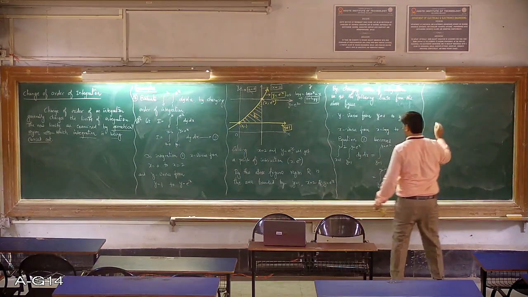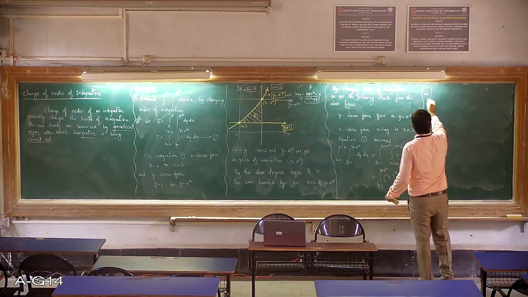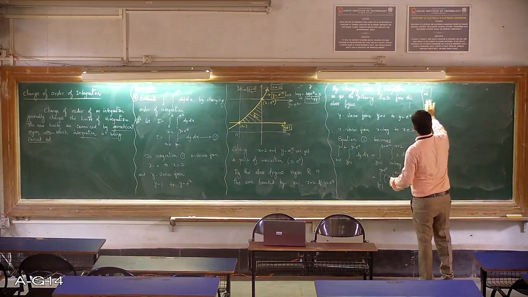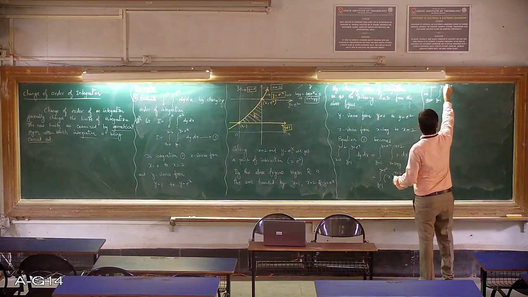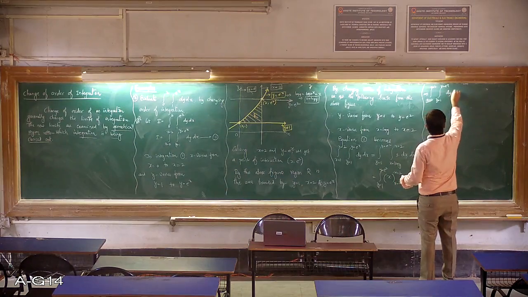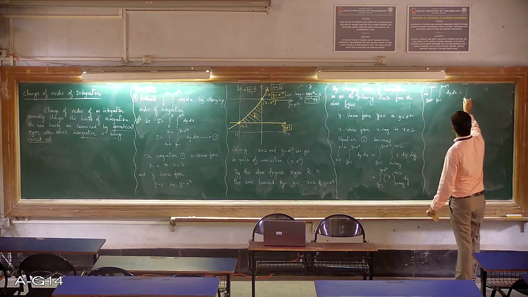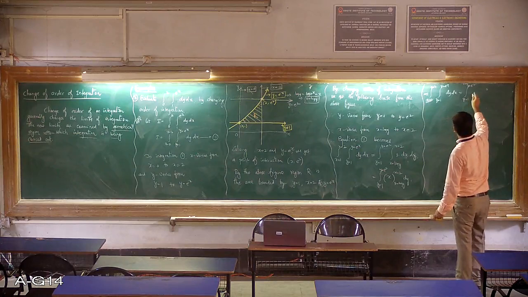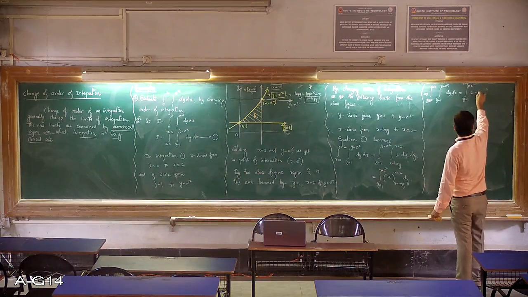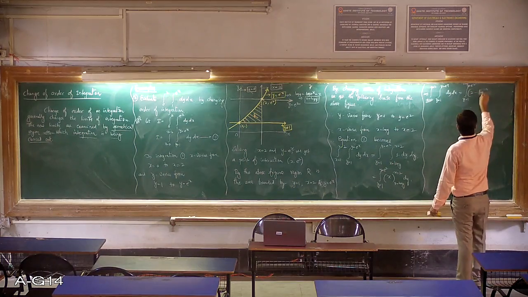Next, which implies that integration from x equals 0 to x equals 2, and y equals 1 to y equals e to the power x, dy dx is equal to, put upper limit, that is integration y equals 1 to y equals e square, then it is 2 minus log y into dy.